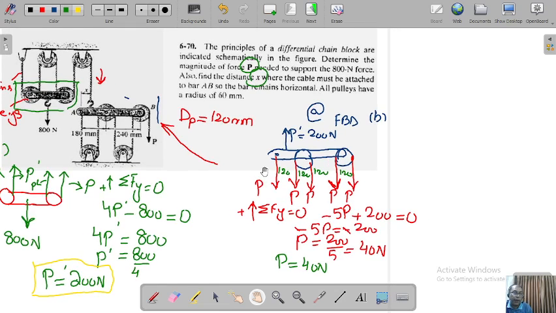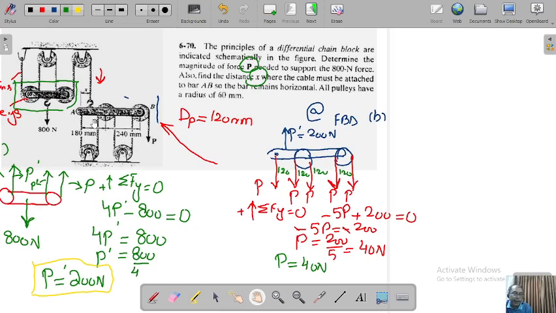This point is A. So you can say very easily the summation of moments at A is equal to 0. We will take this standard as a positive moment. So how shall we calculate now?